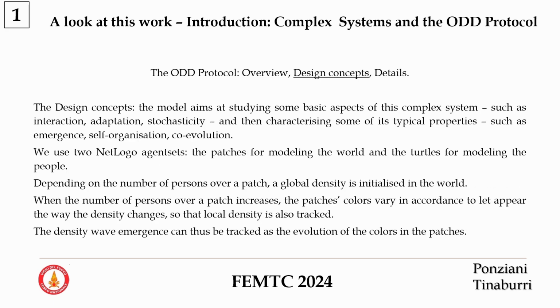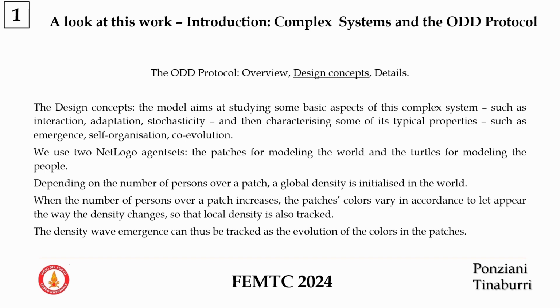The design concepts. The model aims at studying some basic aspects of these complex systems, for instance, interaction, adaptation, properties, emergence, self-organization. We use two kinds of NetLogo agents, the patches for modeling the world and the turtles for modeling the people. Depending on the number of persons over a patch, a global density is initialized in the world.